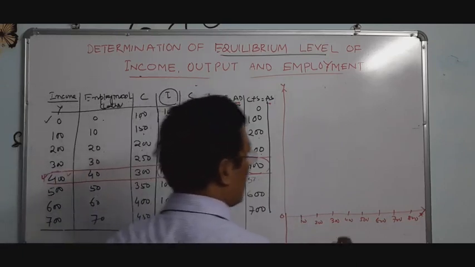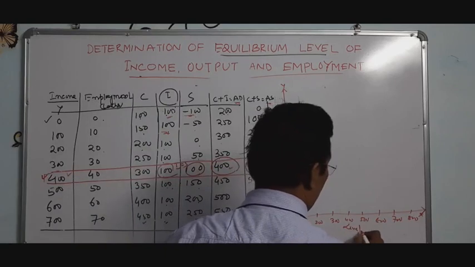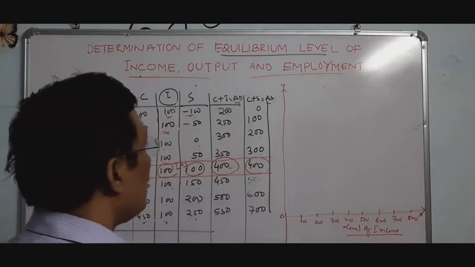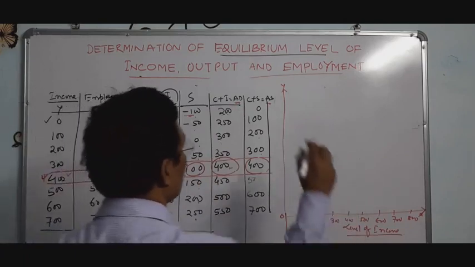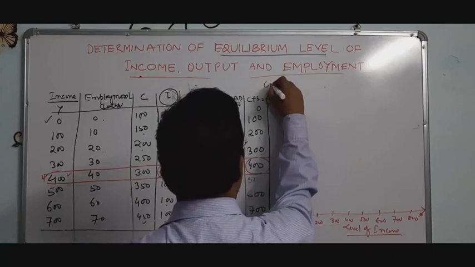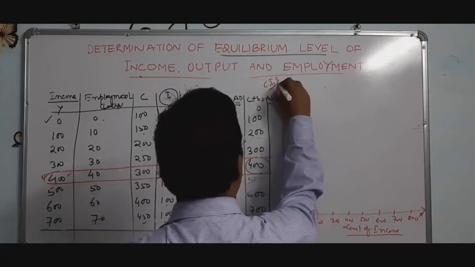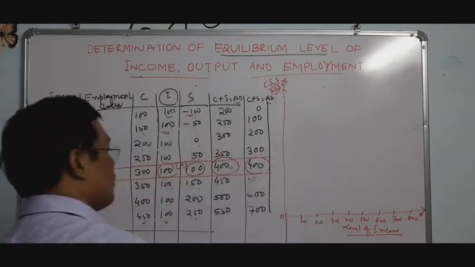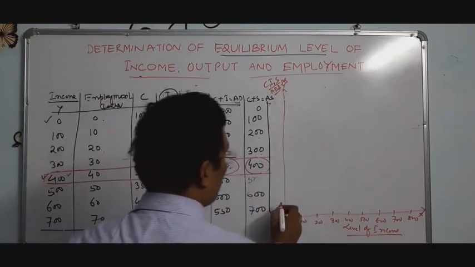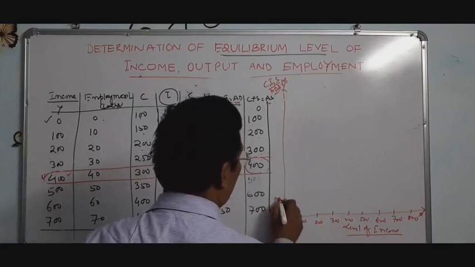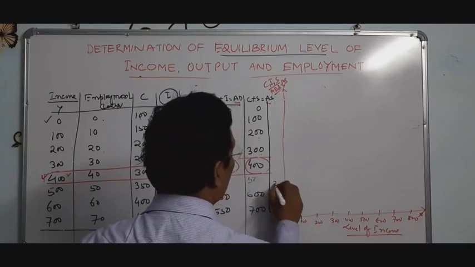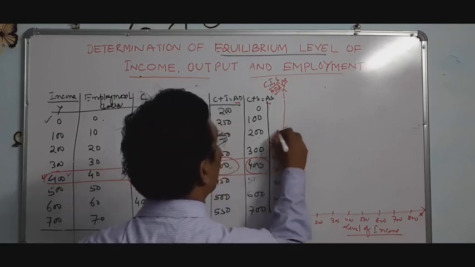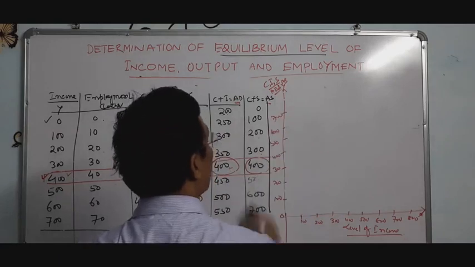This is the X-axis, level of income. The Y-axis shows consumption, investment, saving, or AD and AS. This is 100, 200, 300, 400, 500, 600, 700.